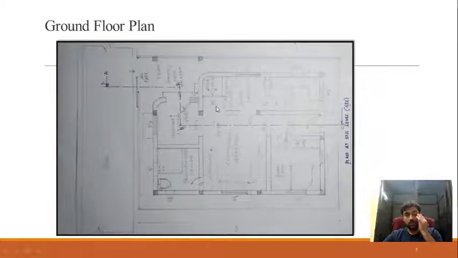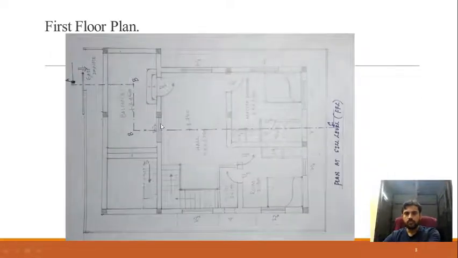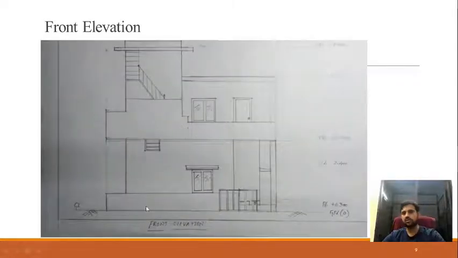You have to incorporate all the things which are written in the line diagram. This is the first floor plan at sill level, which is also prepared. Using the ground floor plan and first floor plan, I have projected lines. You can see here this is the ground level line I have marked.